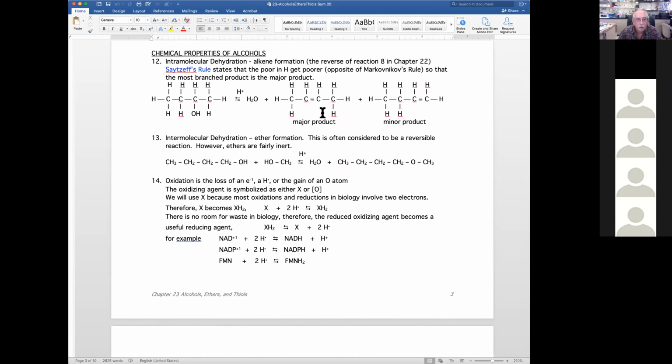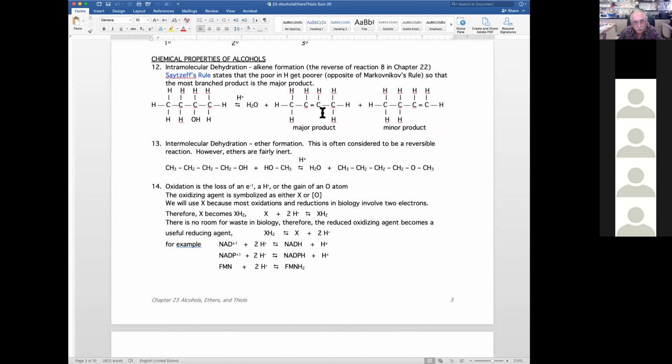So let's look at the chemical properties of alcohols. The first one is an intramolecular dehydration. In other words, you're forming an alkene. Here's where I'm getting my water from, either here or from here. That's how I get my water. It's catalyzed under acidic conditions.